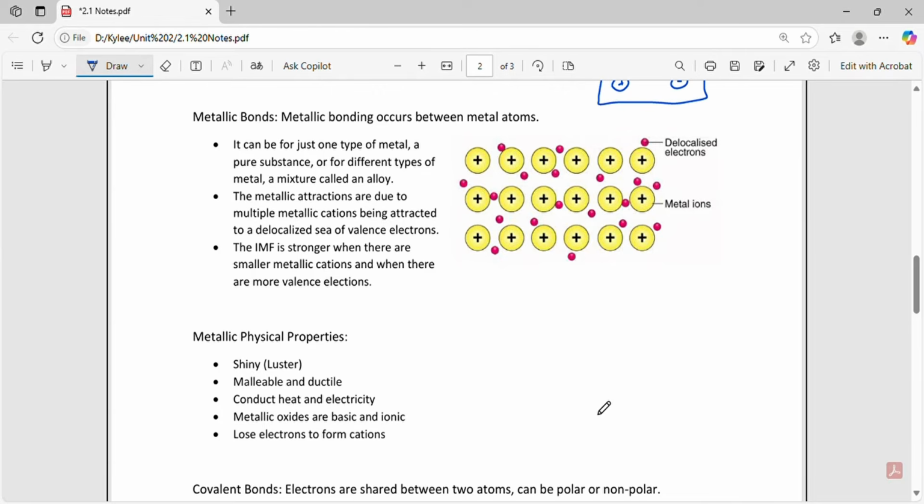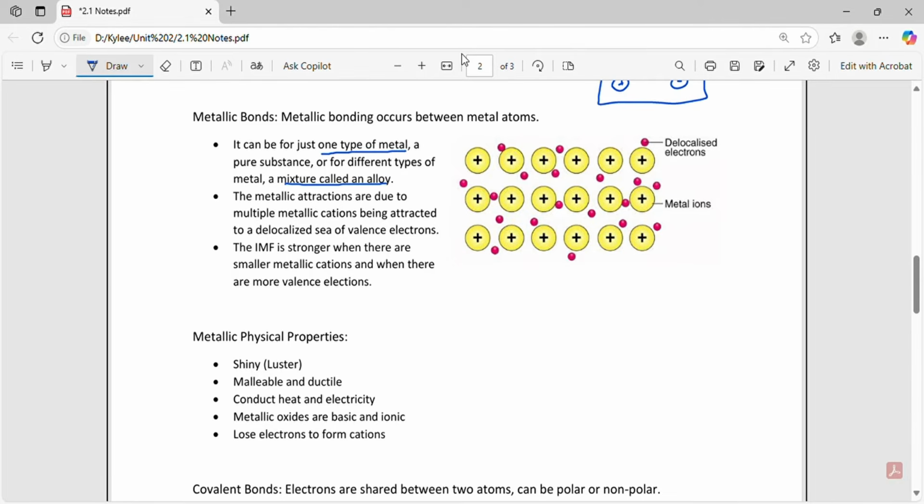Another type of bond that we haven't talked about yet is called a metallic bond. A metallic bond is very similar to an ionic bond, except instead of having alternating positive and negative, we only have positive ions. And a metallic bond can be made of just one type of metal, or it can be a mixture of metals, and we call that an alloy. The metallic attractions are due to multiple metallic cations, that's these yellow plus guys, being attracted to a delocalized sea of electrons.